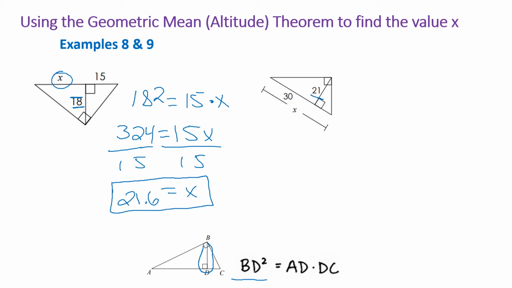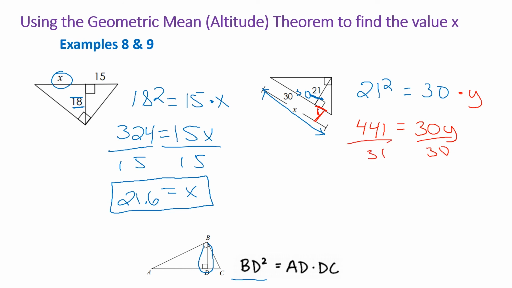Let's try this second one here. The altitude is 21, so that would be 21 squared. It's equal to, so this length is 30, and we don't know this length here. We want to find x, but we don't know this length right here, so I'm just going to label it y because we have to find that first. So I'm going to do 30 times y. 21 squared is 441, which is equal to 30 times y.